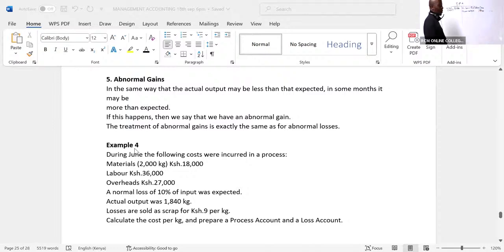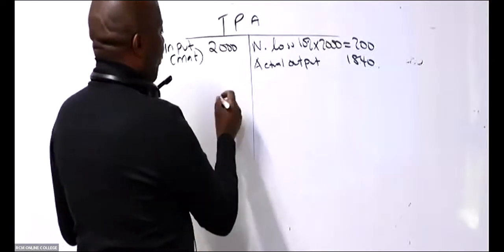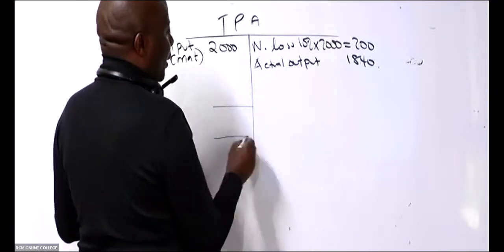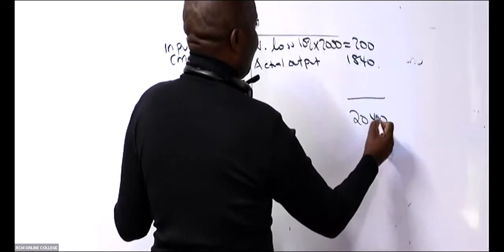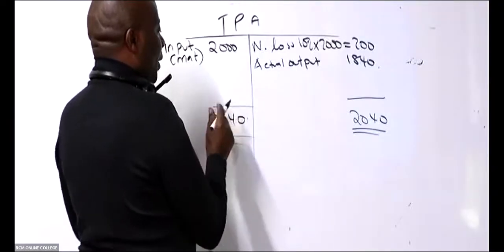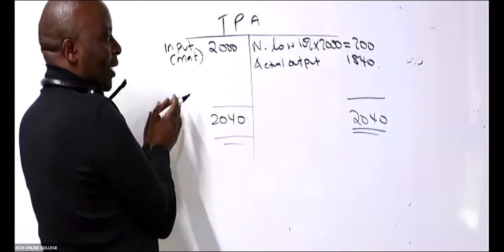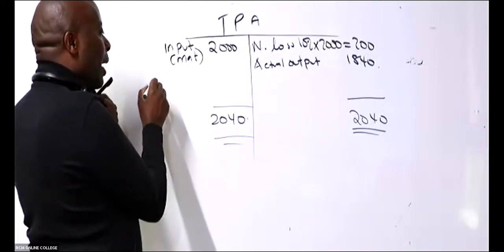So go ahead and do your balancing figure. In this case, if you're keen enough, you must have realized that this side is heavier. This side is 2040, so the balancing figure is coming here. If the balancing figure is coming here, then I will have what we call an abnormal gain.